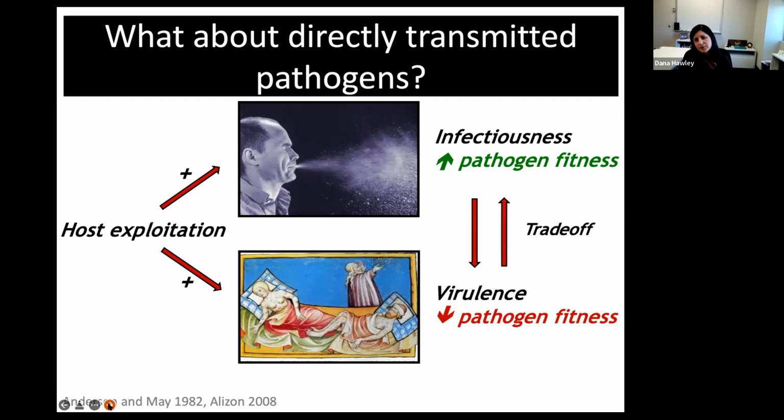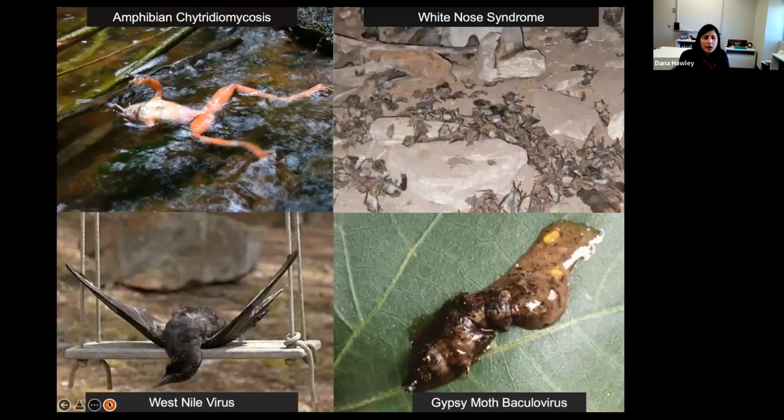Now, the trade-off model has been criticized in many ways for being overly simplistic, but it's also led to a lot of really important advances and really nice work in empirical systems by Yap and others, showing how the use of this model and these ideas can help us understand virulence evolution more broadly.